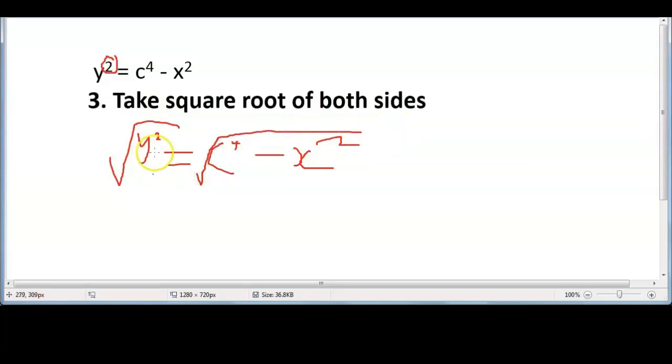The square root of y squared is y. The square root of c to the power of 4 is c squared, minus the square root of x squared is x. So that's the final answer. y is equal to c squared minus x.